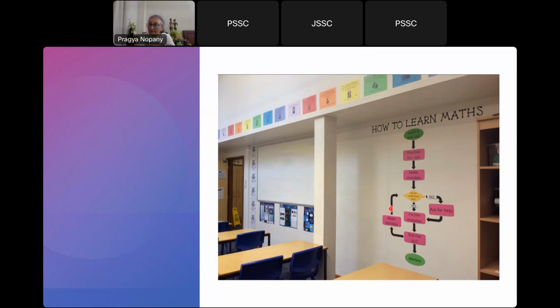If again you make the mistake, then go back to this loop. So this is another very beautiful way to make children grapple with the problems that they face in mathematics. That maths is nothing but about practice and finding your mistake and trying to understand your mistake and then correcting them. So a beautiful display on the board.